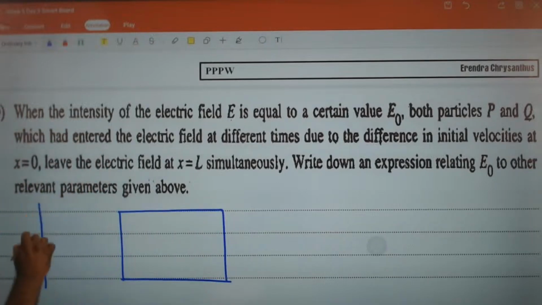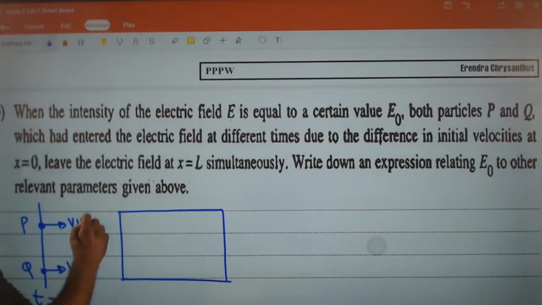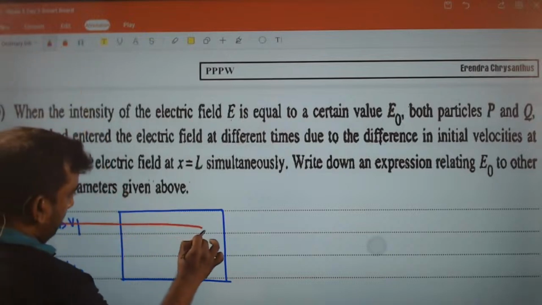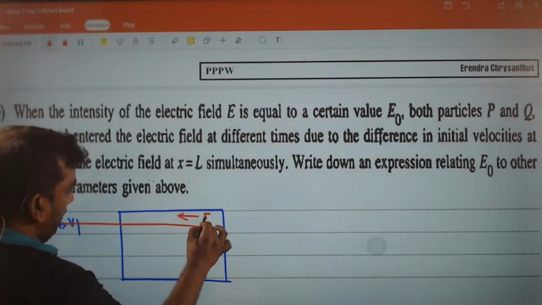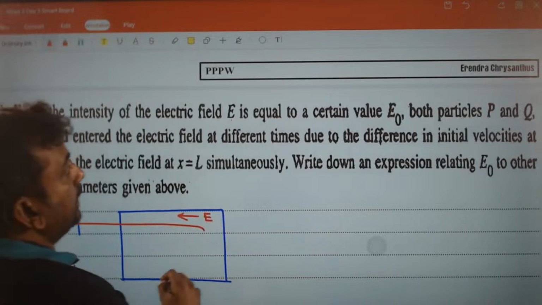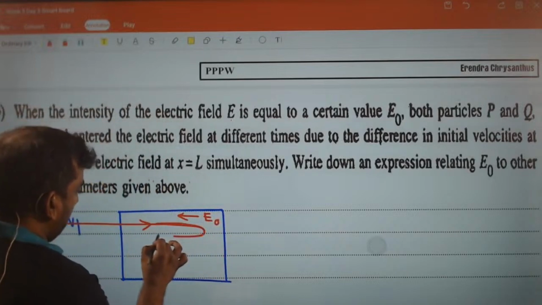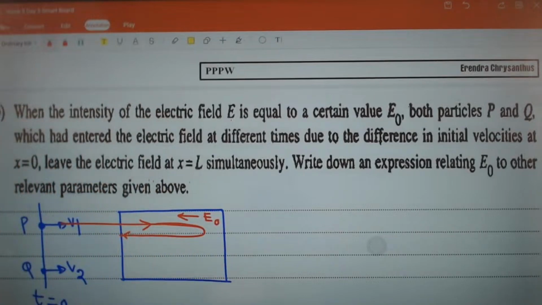So here they are starting together, P and Q, at T equal 0. Here I have a velocity V1, here I have a velocity V2. So if I draw this carefully here, P travels some electric field E0, sorry. It will go here, turn back, come here.